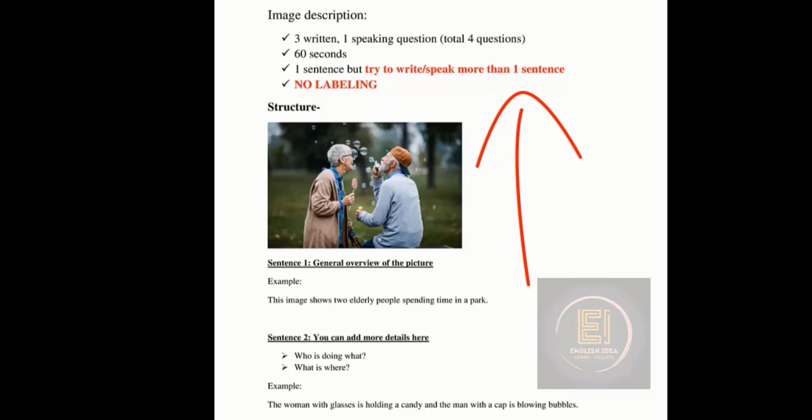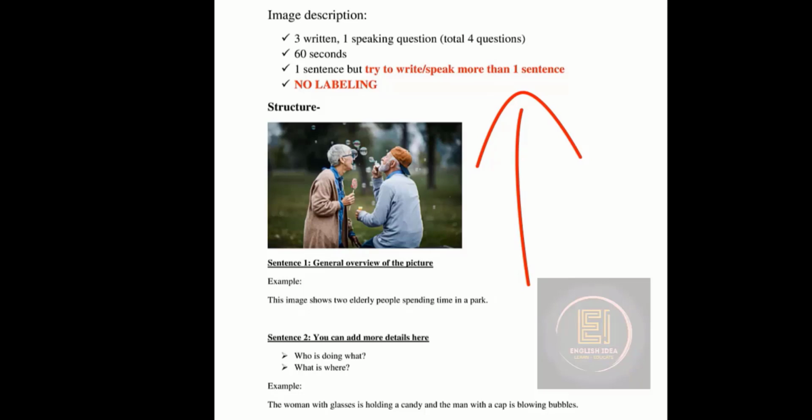The final question is how to describe an image. Before I answer this question, I'll run through some basics once again. You will get a total of 4 images, 3 images for writing and 1 image for speaking section.